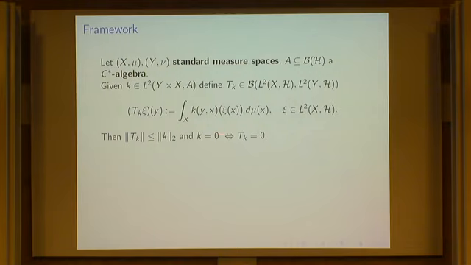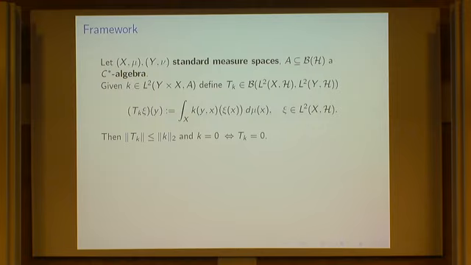In this formula, xi of x lives in H, and k of y, x lives in A, which acts on H, so you can act with k of y, x on xi of x. So you obtain a vector in H. You integrate. That's a well-defined vector, and it's a bounded operator.